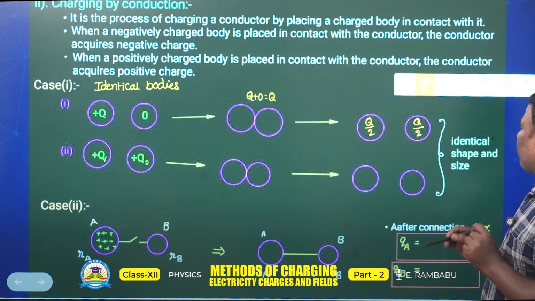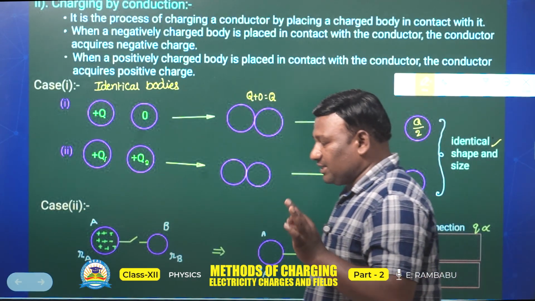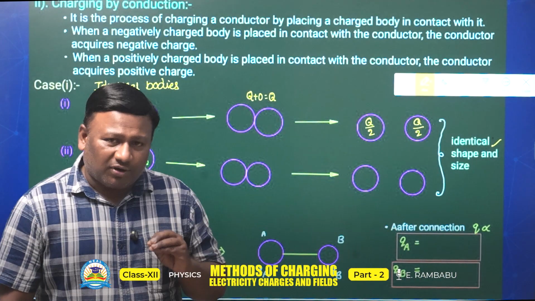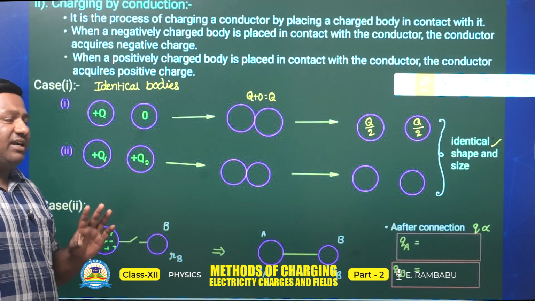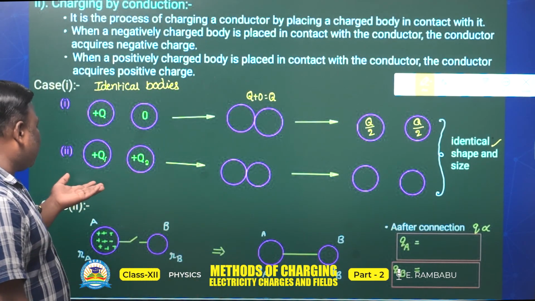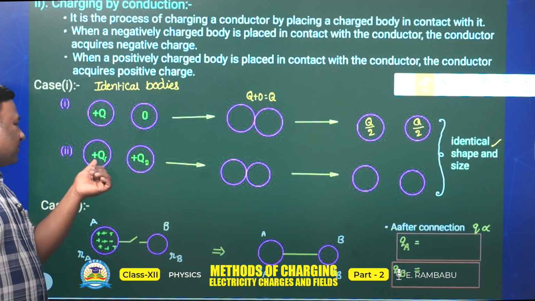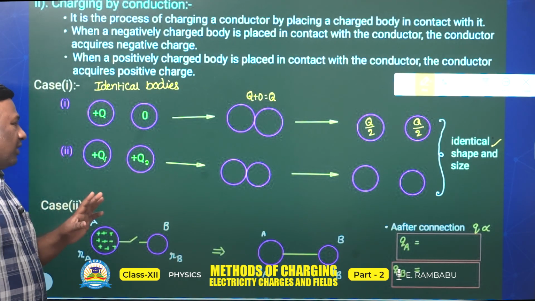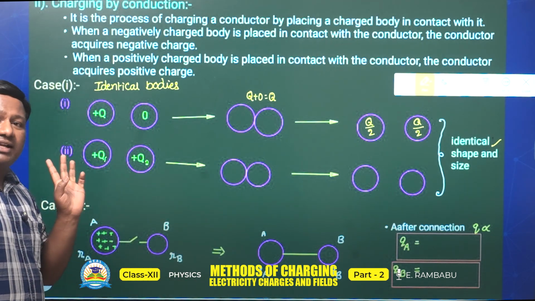This concept applies when we consider identical bodies. Whenever you take identical bodies, the charge is exchanged between them until both bodies acquire equal charge. For example, see the second one. Here I consider two bodies having charges q1 and q2. This rule is for identical bodies only.